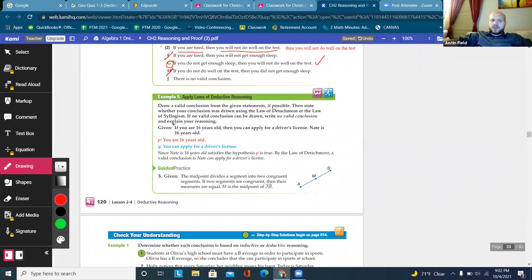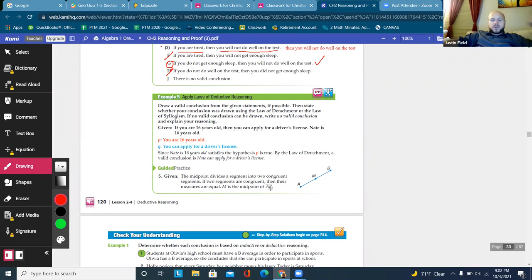And last one. Okay, so apply laws of deductive reasoning. So now, there's two laws, the law of detachment and the law of syllogism. So the midpoint divides a segment into two congruent segments. If two segments are congruent, then their measures are equal.